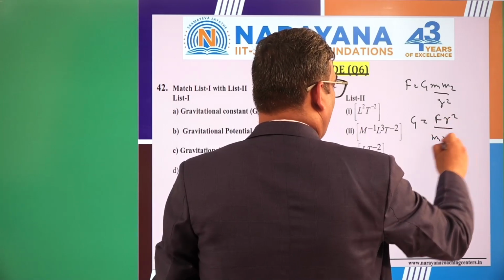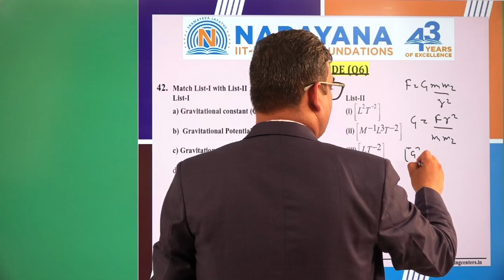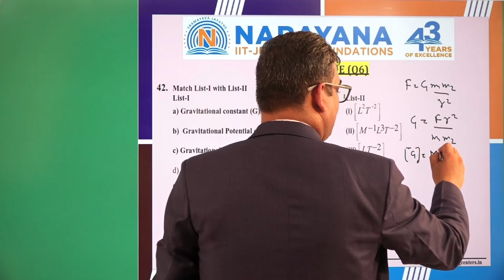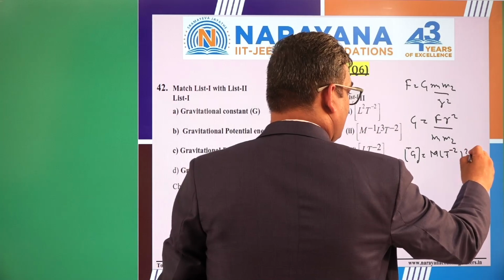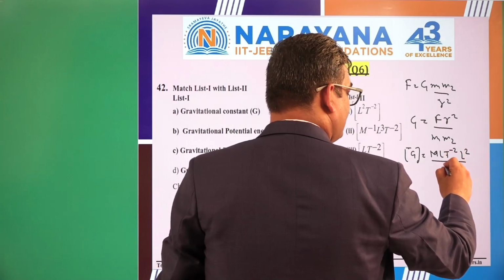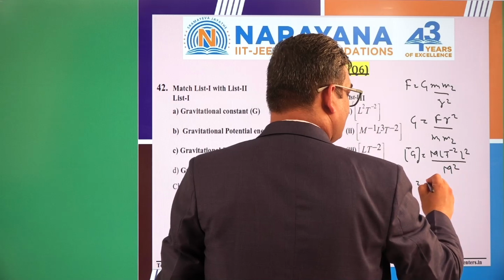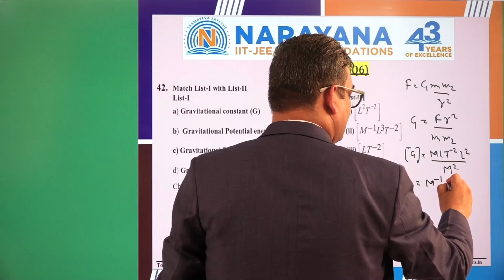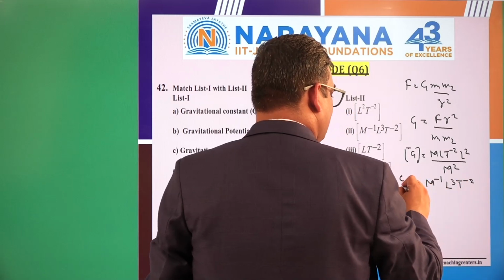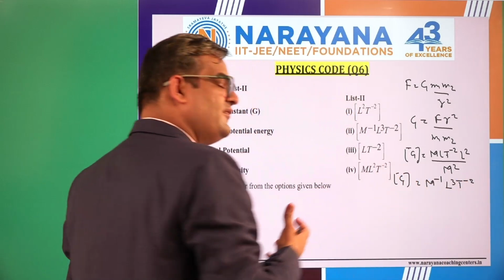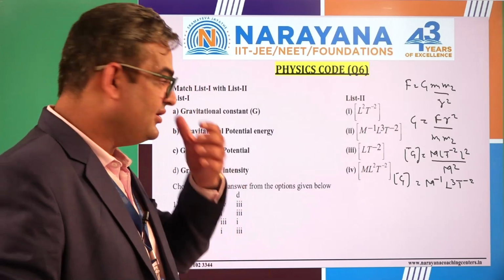So the dimensional formula of G is going to be M L T minus 2, that of force, r square means L square, divided by m square. So the dimensional formula is going to be M minus 1 L3 T minus 2. So we can easily calculate the dimensional formula of a physical quantity if we know the physical relation.